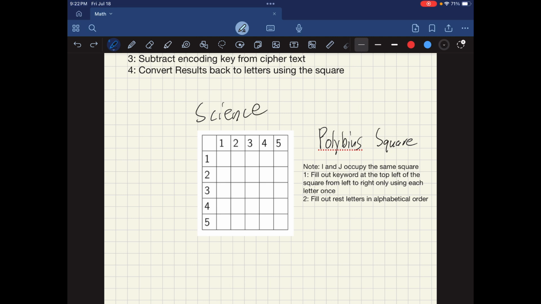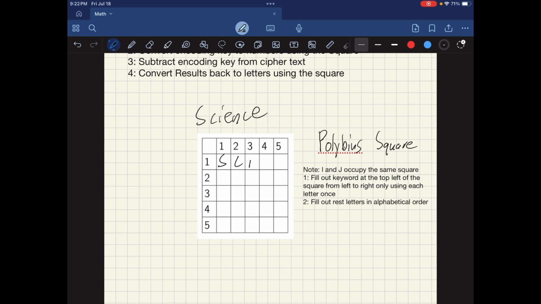So if I have the word science, in the first top left we'll go S. The second, we'll go C, then I, then E, then N. And then the next letter is a C. However, we already have a C written down, so we do not write a C in the next spot. Same thing for the E. Notice how we already have an E right here, so we do not write an E in the next spot.